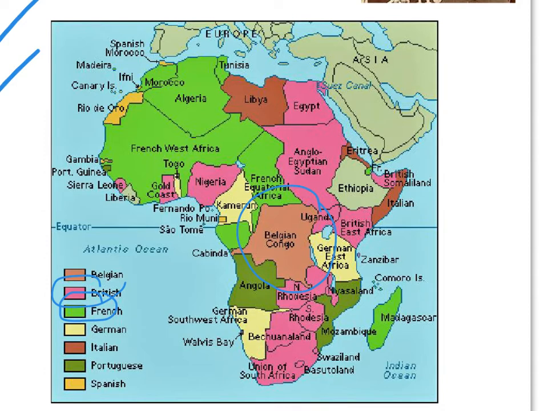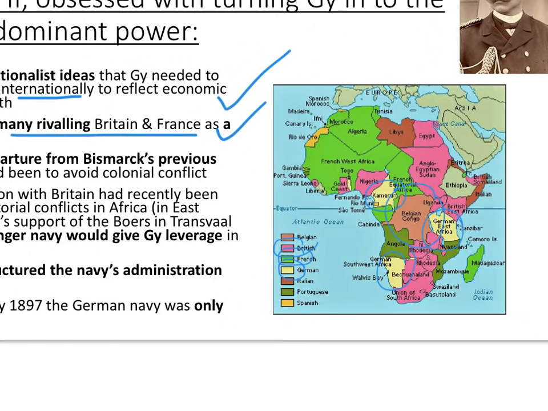Germany had overtaken Belgium, Portugal, Britain and France in terms of being a great power in Europe, and yet Germany was not really involved. So as you can see, Germany entered the race late and achieved territories in the Cameroons and East Africa and in West Africa, but that is really the story here.